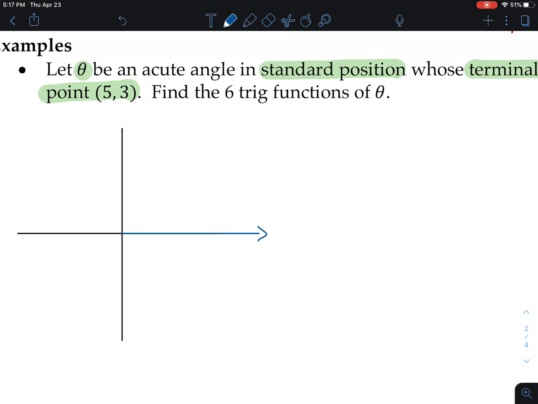So (5, 3) is about 5 over and 3 up, so let's say it's right here. That's the terminal side, and here's my theta, with the initial side, the terminal side, and the point (5, 3). And I want to find all six trig functions of theta.